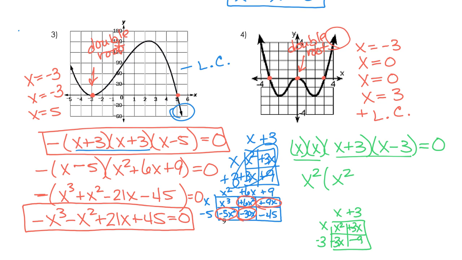So we end up with x squared, the 3x and the minus 3x actually cancel, and then a minus 9. Don't forget equals 0. All right, and then we have one last step is to put the x squared multiplied in, and so we end up with an x to the 4th minus 9x squared equals 0, and there is the equation that is possible for this picture that we were given.